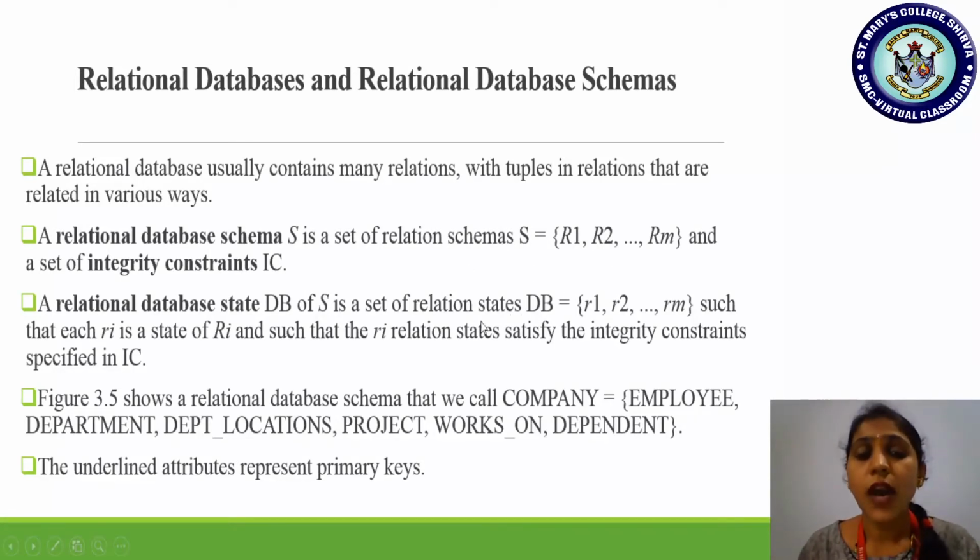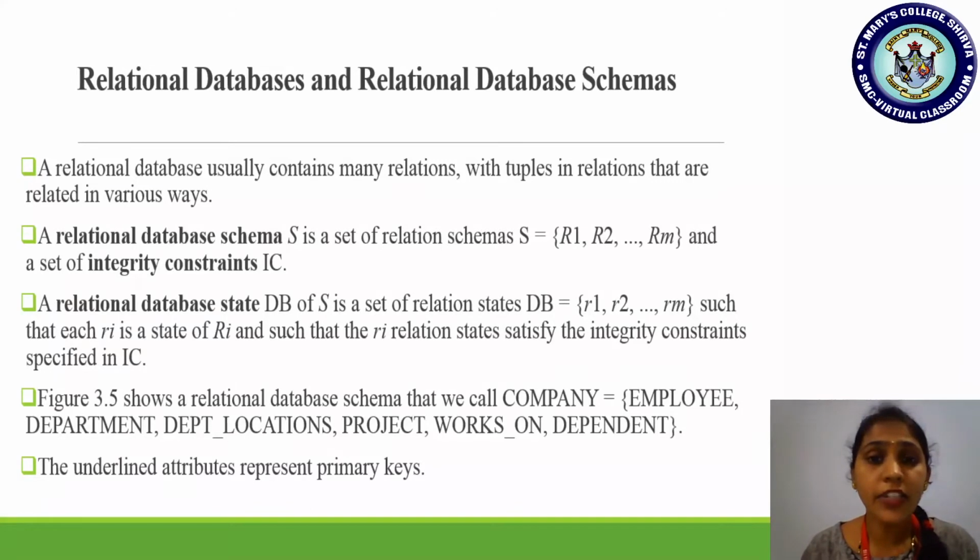So how is it represented? The relational database state DB is equal to R1, R2 till Rm. That is, when there is a relation from the employee relation to the department relation, there is a certain instance relationship: employee E101 is working in which department? A1 department, accounts department.